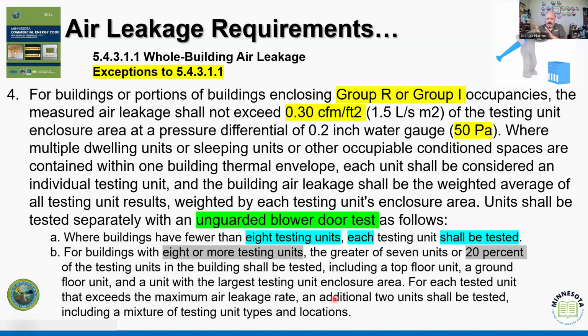And we also change the pressure, and we allow for those group R and I occupancies to be tested. Again, very similar to what we saw in item number 2, with an unguarded blower door test based on the number of units being identified. It's 8 units. We test them all, and we verify that those units are meeting that air leakage expectation.